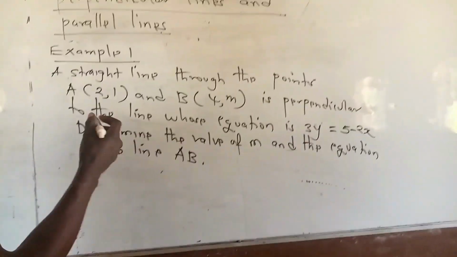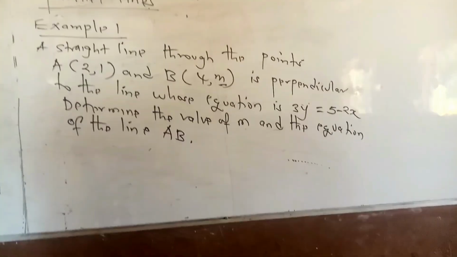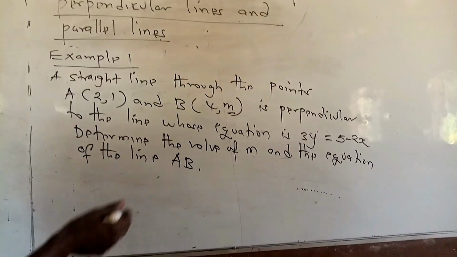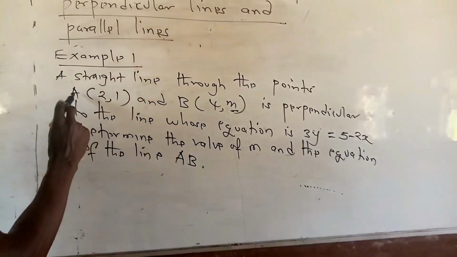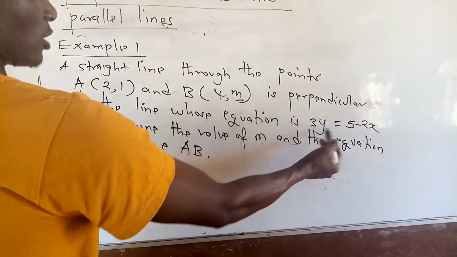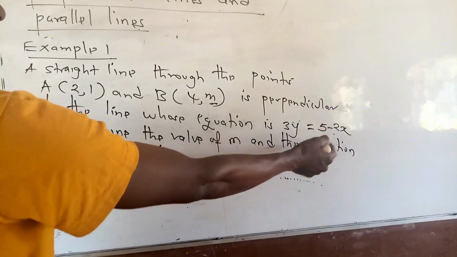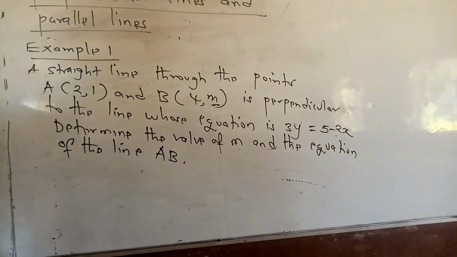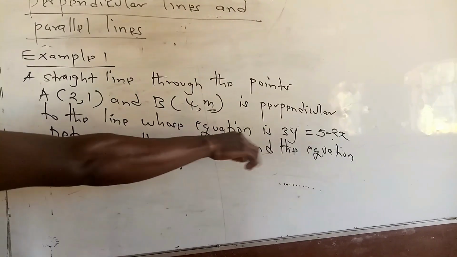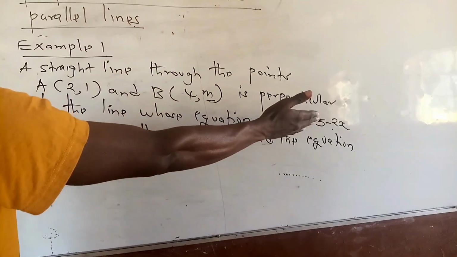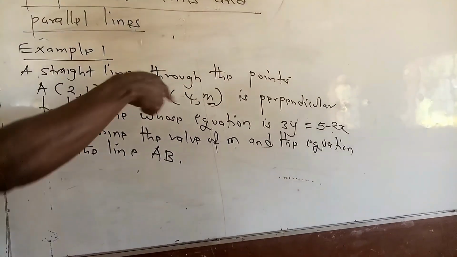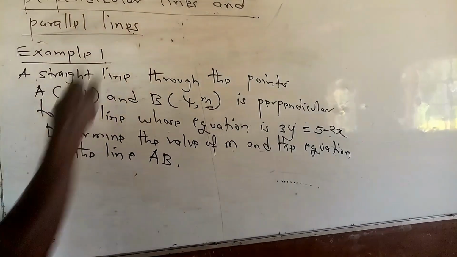Then I want us to look for the value of m and then the equation of the line AB. First of all, we can get the gradient of the given line by writing this equation in the form of y is equal to mx plus c. And then since we know that the product of the two gradients should give us -1, we can get the gradient of the line AB.